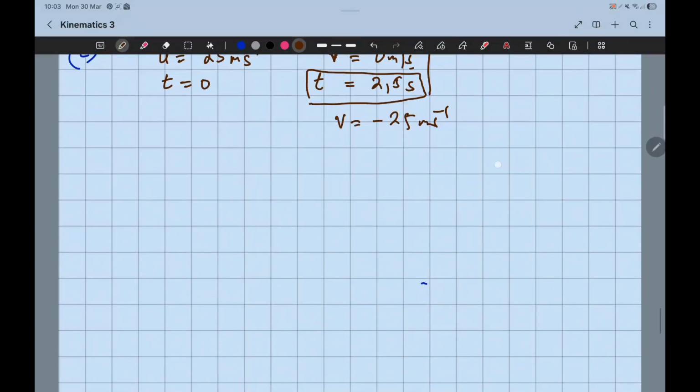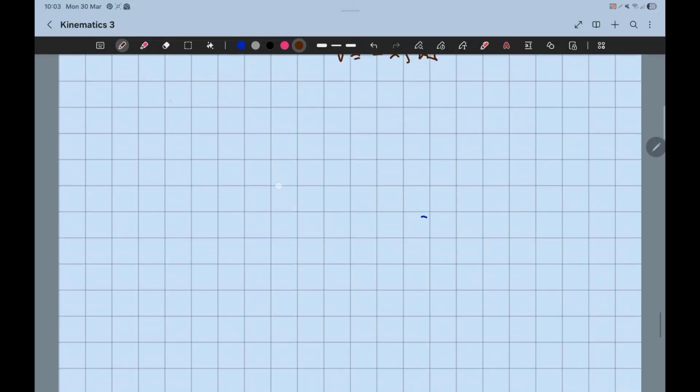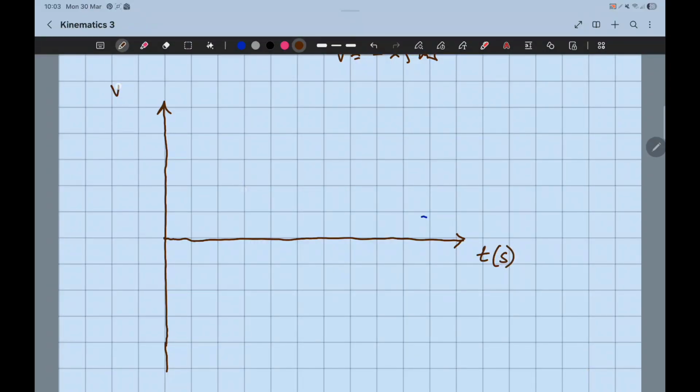So for our graph we need to go to the negative side of velocity. So this is, let's just use this. Here our time is in seconds, and here our velocity is in meters per second.